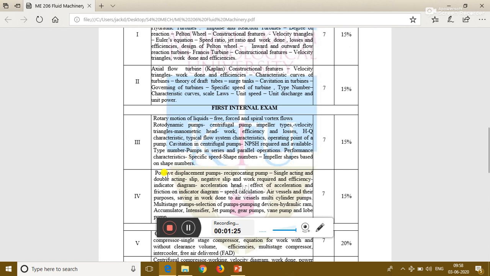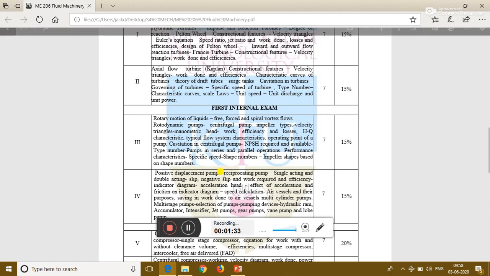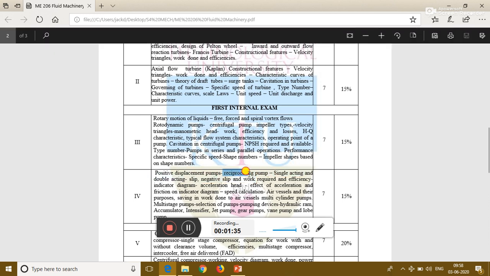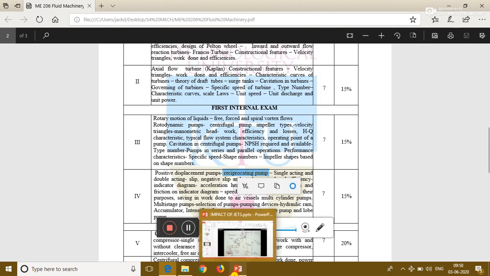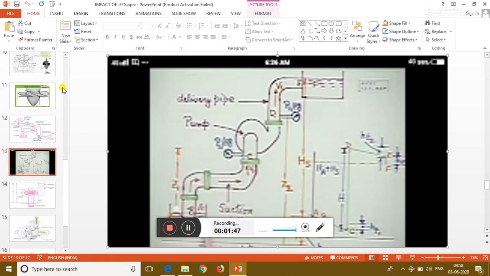Now let us start a new module, which is the fourth module and which is about the reciprocating pump. Okay, this one, reciprocating pump. So we will be learning about the reciprocating pump from this lecture series onwards. Okay, so let's go straight to the topic.